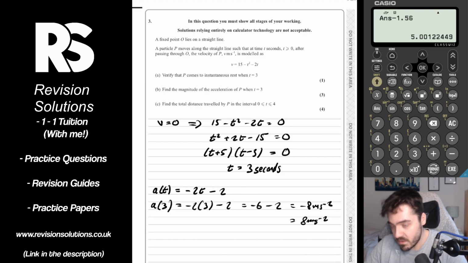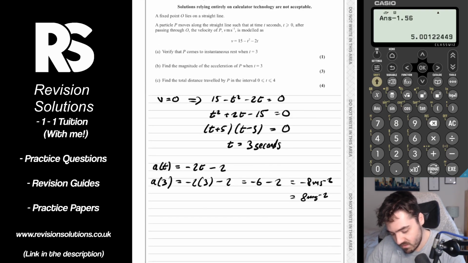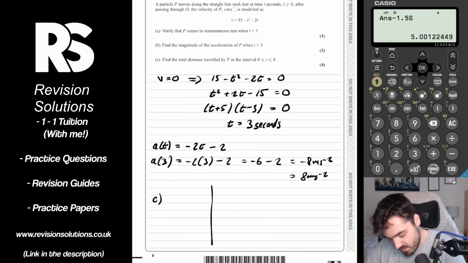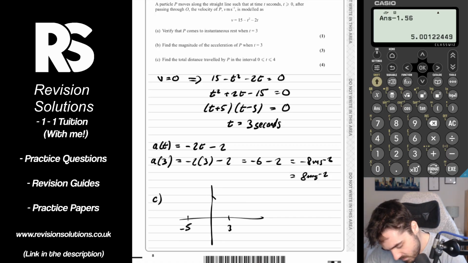So whenever you get this question about distance, I recommend you draw the velocity function. So actually what I did here is going to be helpful. We know the roots for our velocity function. So if I draw this in, it's a negative quadratic with roots of -5 and 3. So it looks like that.